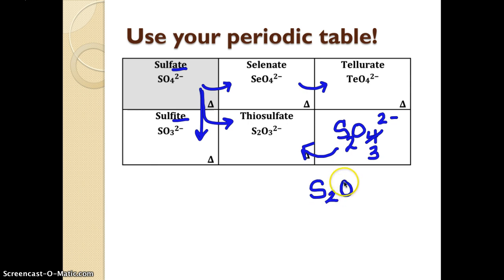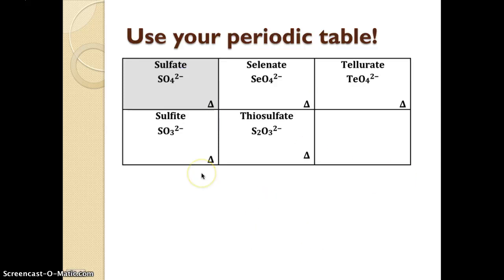Thio means literally to be replaced by sulfur. And some people say thiosulfate, some say thiosulfate. Either way is fine. So 1 ion sulfate, and you can work off of everything else from there.